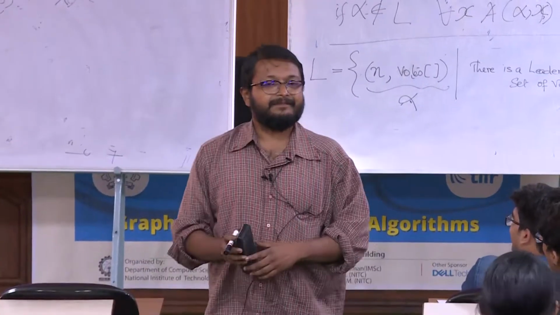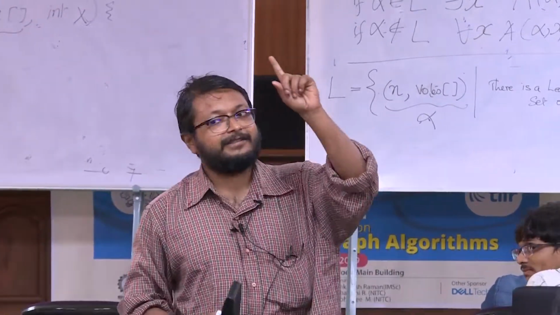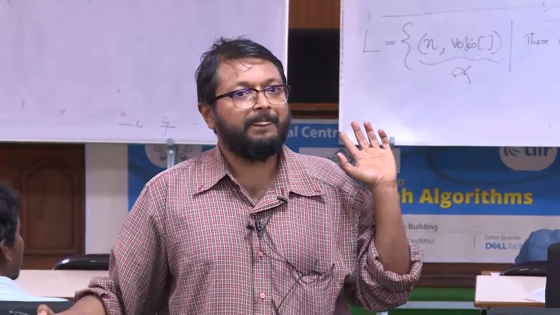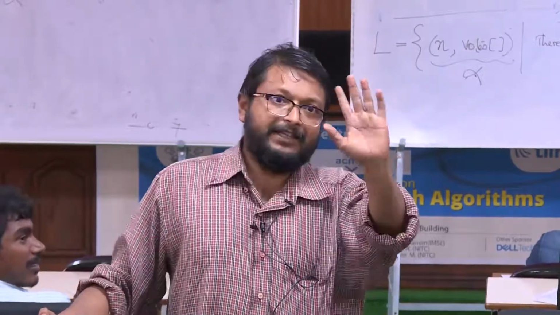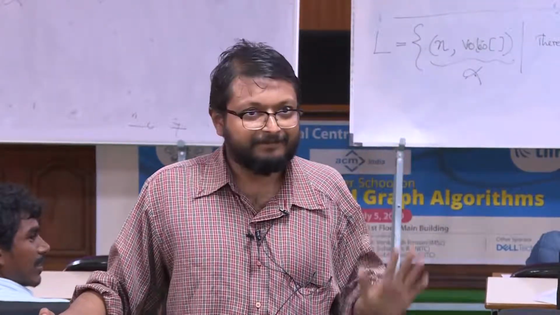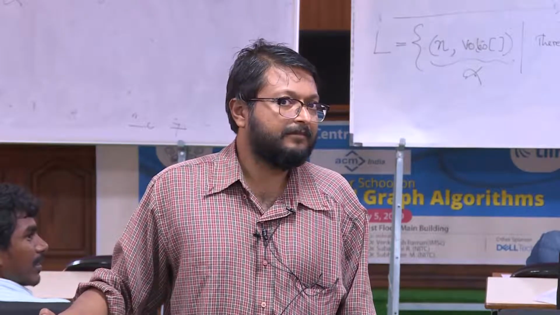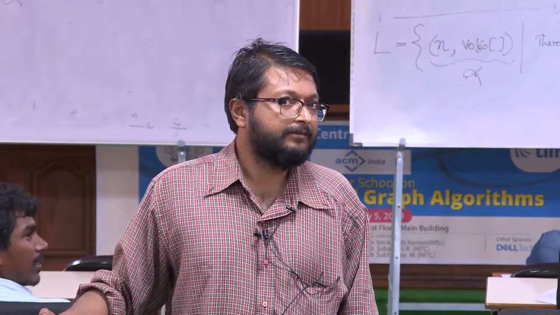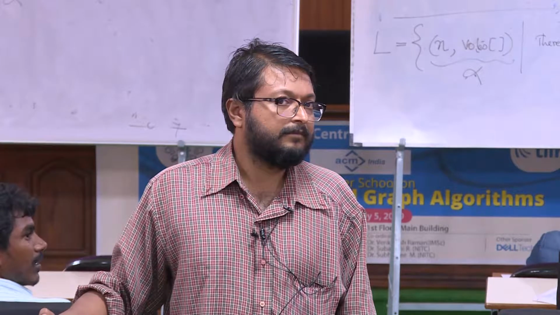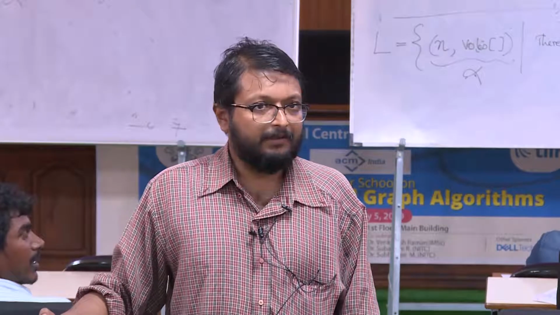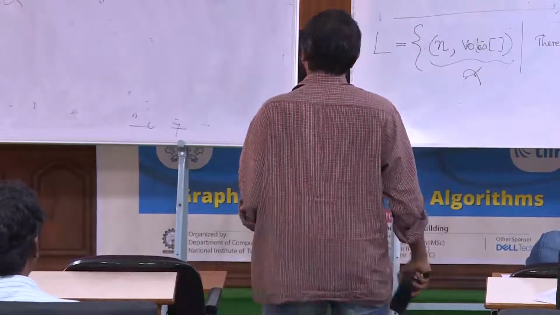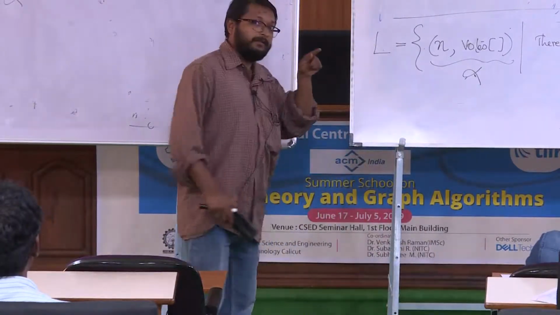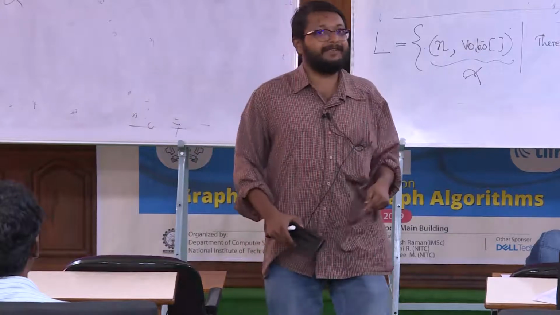If alpha belongs to L, what is the condition for alpha belonging to L? When do you say that alpha belongs to L? If there is a leader for the set. Yes. If alpha belongs to L, that is, if there is a leader, we'll accept only if it shows a certificate. The question is, can you always say that this algorithm can be made to return 1 by applying a certificate?